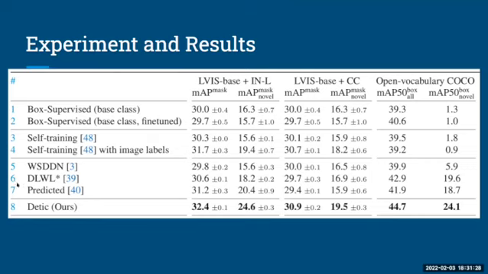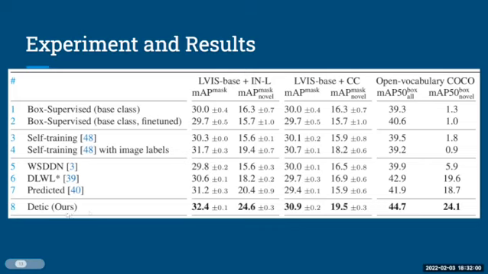Number 5, 6, and 7 are weakly supervised methods. The first one, WSDDN, is a paper on a weakly supervised deep detection network presented in 2016. The second one, DLWL, is improving detection for low shot classes with weakly labeled data, presented a couple of years ago in 2020. And the final one, Predicted, that's YOLO9000, which was presented in 2017.